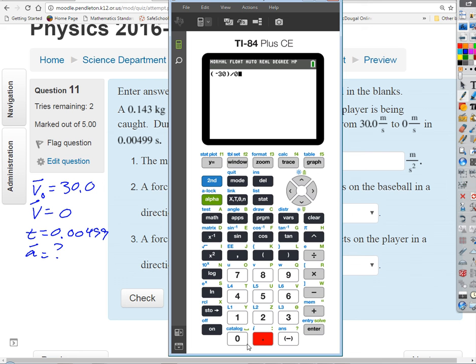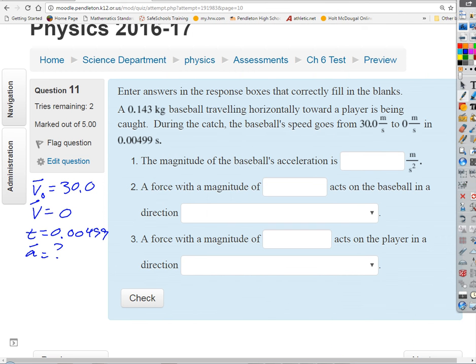So 0.00499 is that. Okay, so that's large. Rounded to... boy, that's really big. Yeah, it's all stopping like right now. Yeah, it really is.